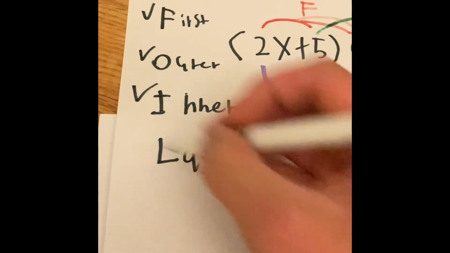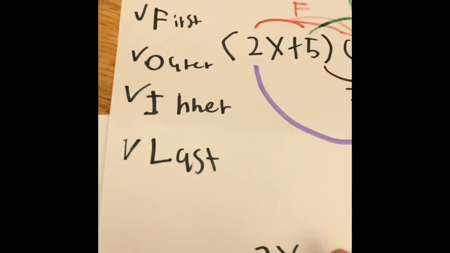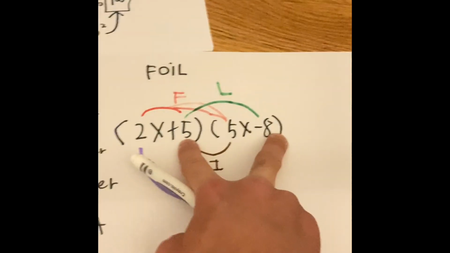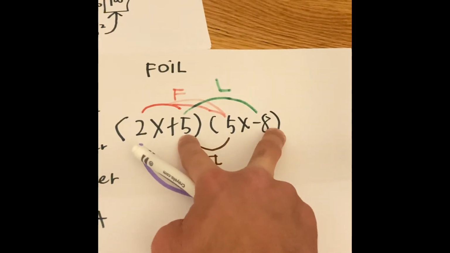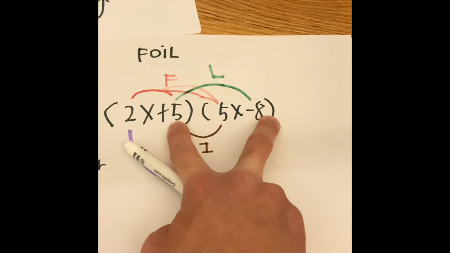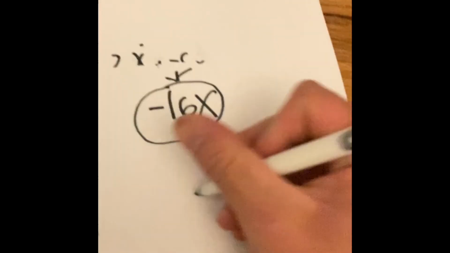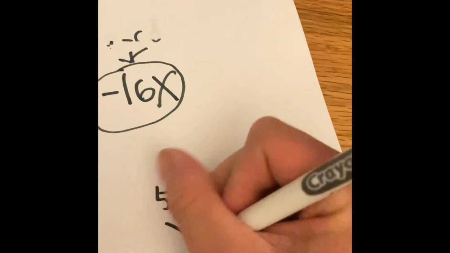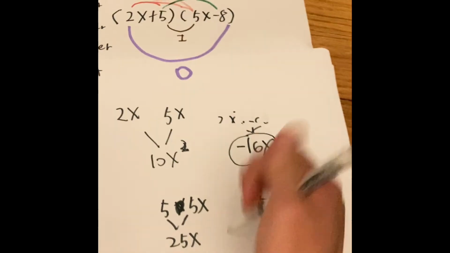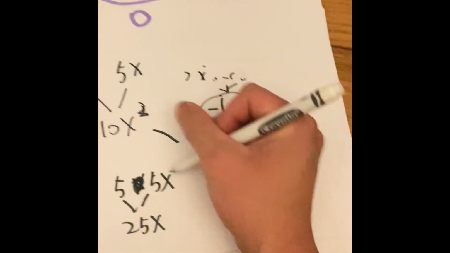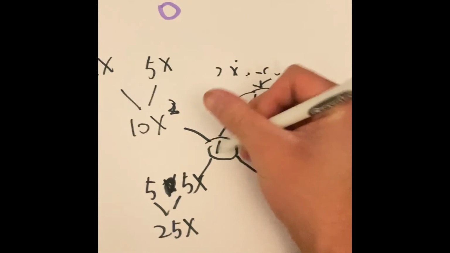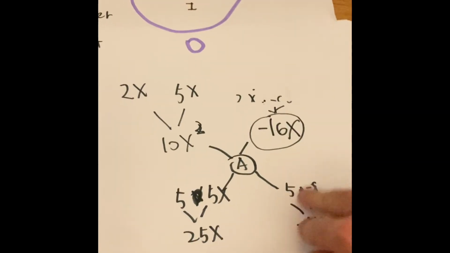The last thing we have to do is multiply the last two terms of the parentheses together. When we do 5 multiplied by negative 8, we get negative 40. So now, what we have to do is combine like terms, put them in standard form, and we'll be able to get our answer.